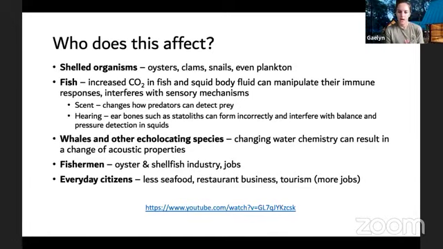Tourism as well. Even if you don't work in anything related to the ocean, I'm sure you enjoy going to the beach, and lots of people like to go diving and look at the coral reefs. All these things are very important to humankind, and that is one of the huge reasons why we need to be addressing these issues.